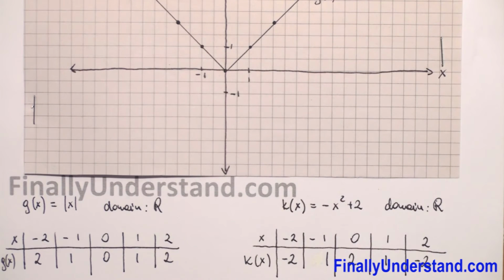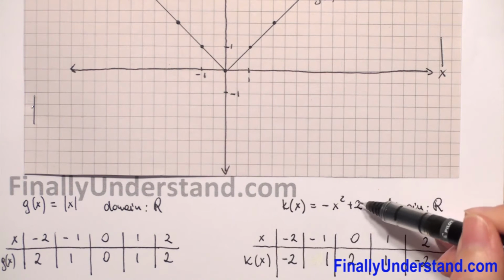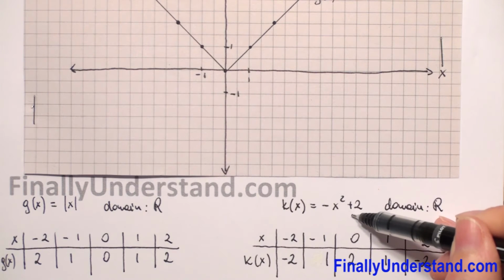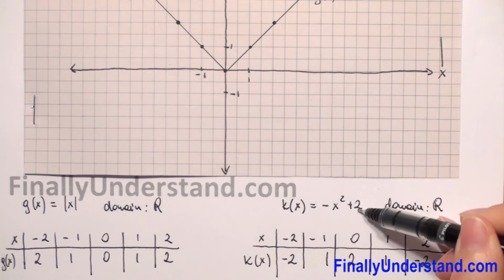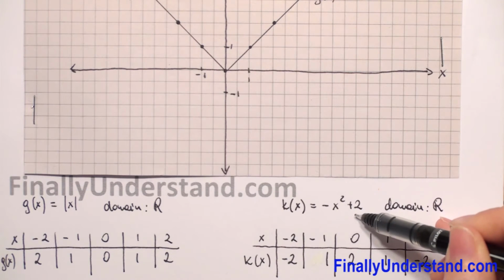And the second function, we have negative x squared plus 2. This is a quadratic function, so the graph is a parabola. The coefficient before x squared is negative, so our parabola will open down. What else? We don't have an expression with x and we have only plus 2. So this 2 tells us about the vertex of our parabola.